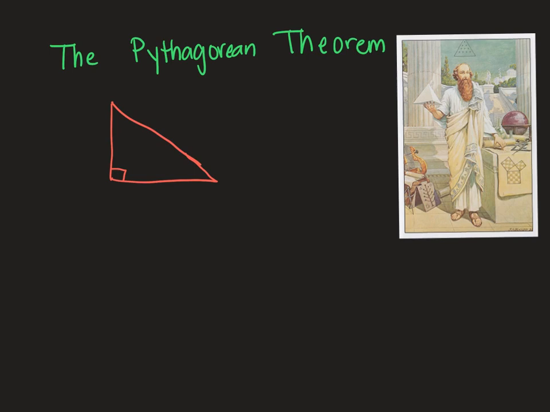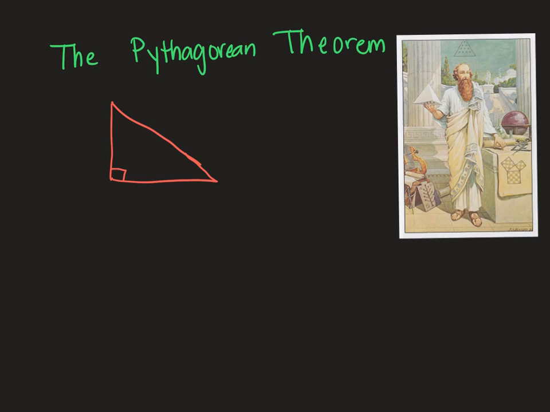Anyway, this guy, Pythagoras, the theorem's named after him. He is, however, not the only person to have discovered the fact that if you take the side length of one of the legs and square it, and you take the side length of the other leg and square it, by square it I mean I'm using the side lengths to make a square.